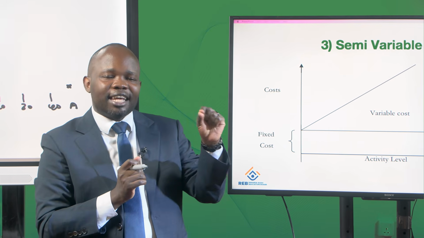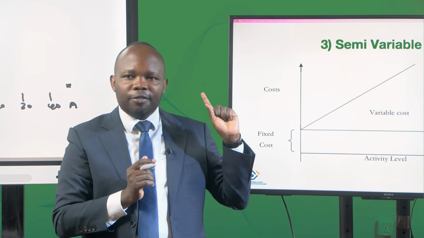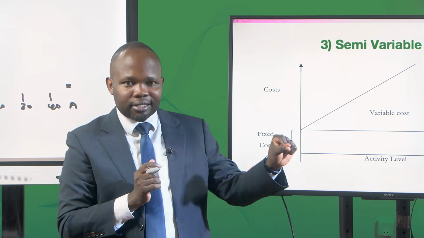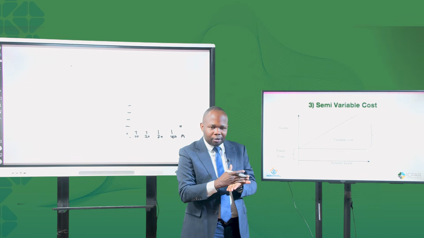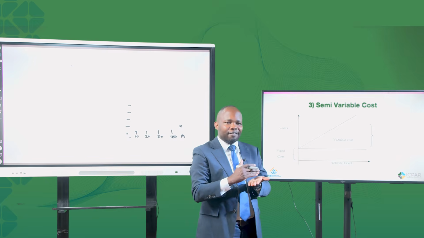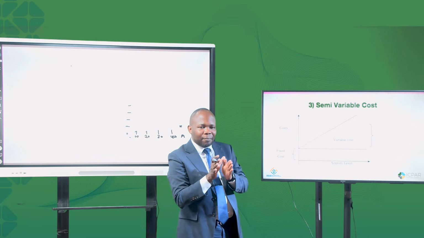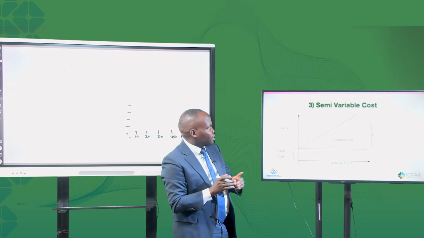But above the retainer, there is a commission the salesperson receives depending on the number of units he sells. Maybe the retainer is 100,000. Now, when you sell more, you receive more above the 100,000. But when you sell less, you receive a minimum of 100,000.